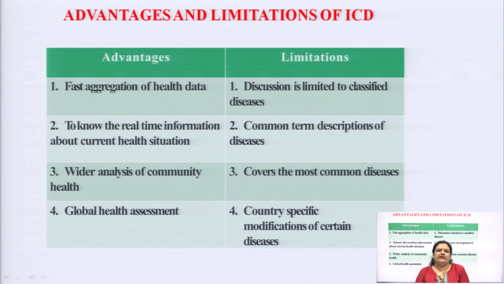Then the limitations of the ICD system. The first limitation is that the discussion is limited to classified disease. You will have an idea, because in our previous slide you saw several codes of ICD 10 as well as ICD 11, where the codes are given for different physiological systems, depending upon the organ system.